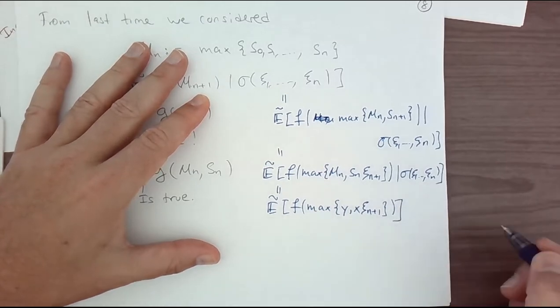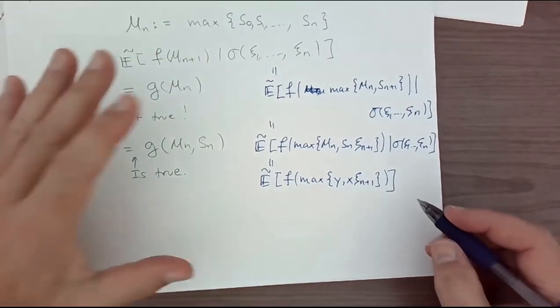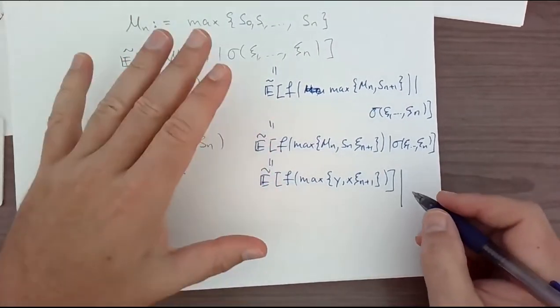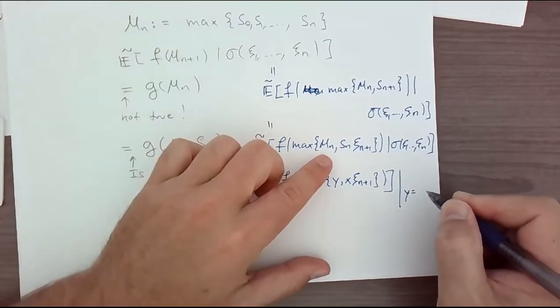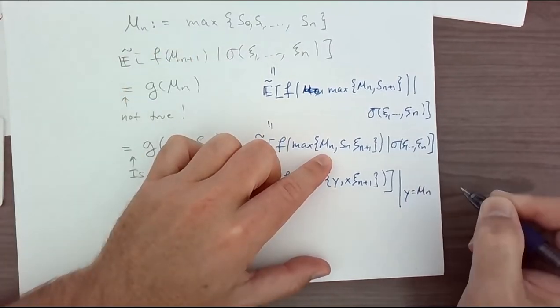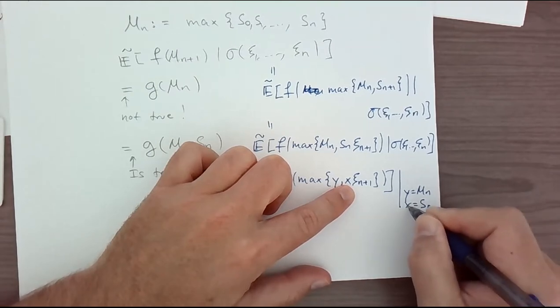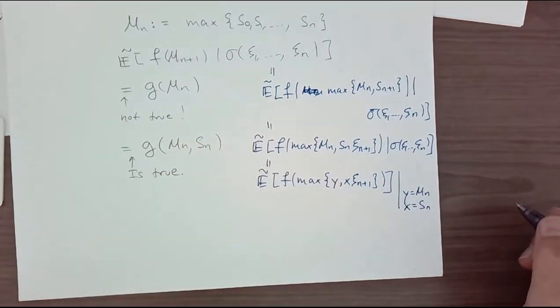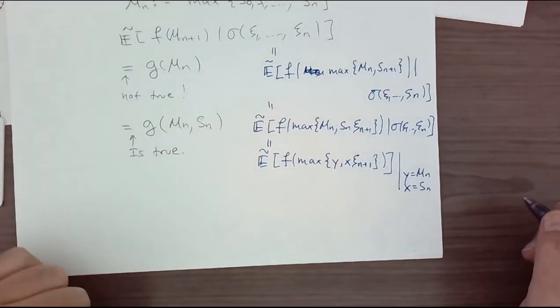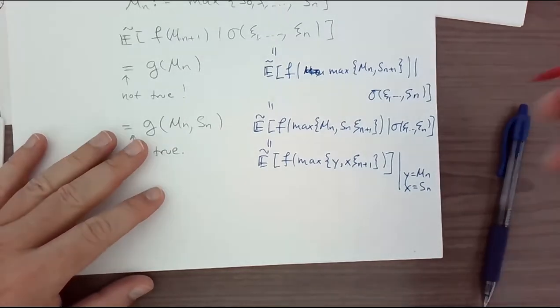And then there's no more conditioning. When I'm done computing this expectation, I'll put y equal to Mn, and I'll put x equal to Sn. So this here was the independence lemma.